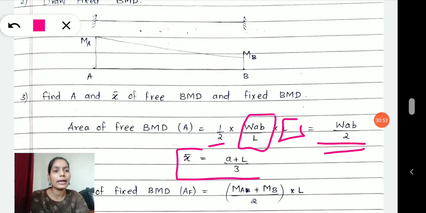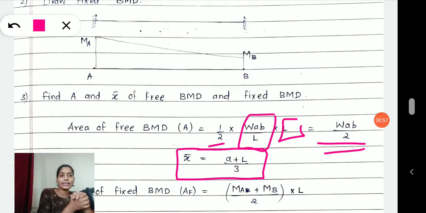Now x̄, you have to remember. Here there is no need of explanation. You can see here it is A plus L by 3. Where have I calculated it from? You have to understand that these formulas are already developed for the shape of a triangle shown here. You remind yourself of it, otherwise remember it.